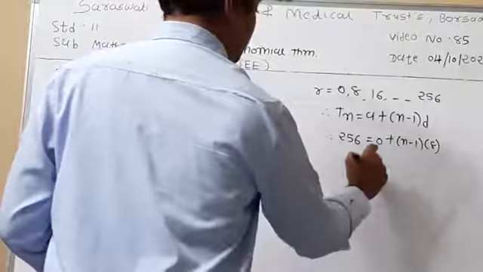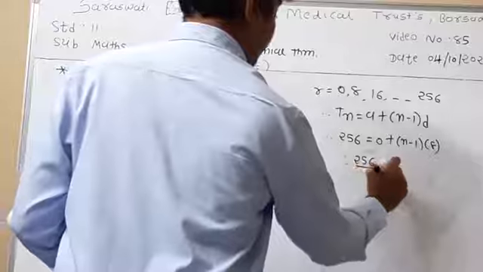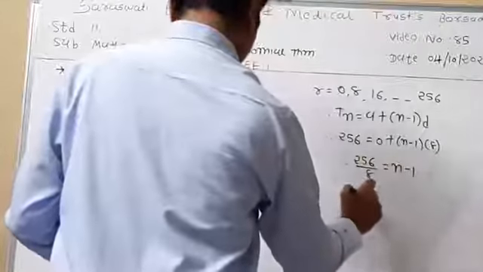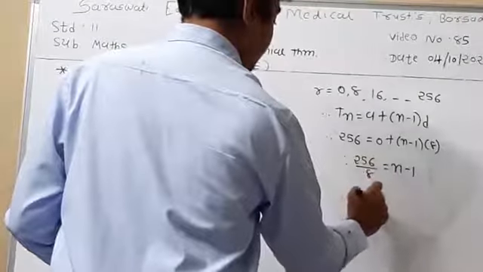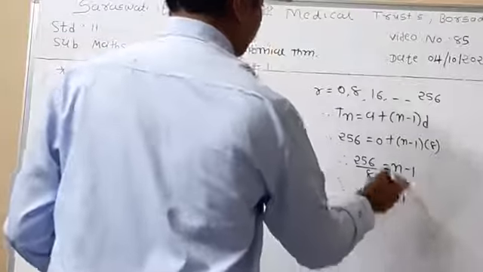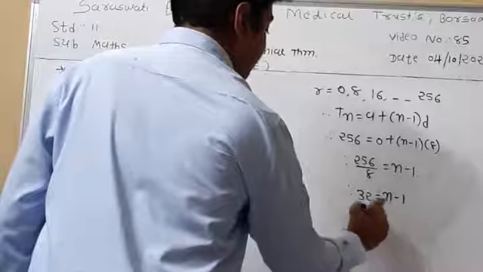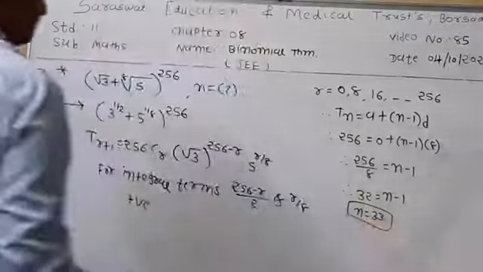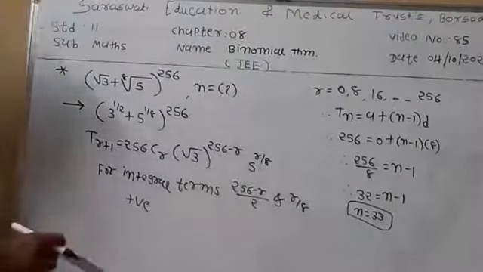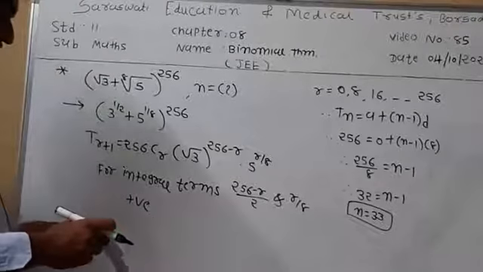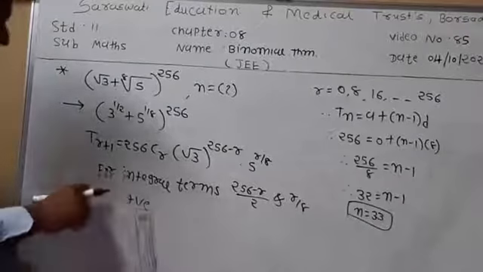So 256 upon 8 is equal to n minus 1. 32 is equal to n minus 1, moving the 1 to the opposite side, so n is equal to 33. Okay, so our answer is 33.